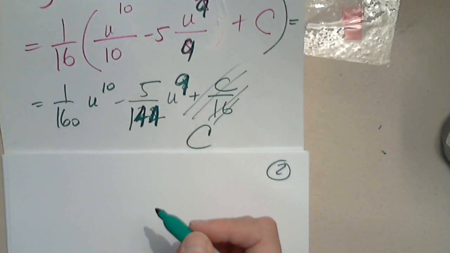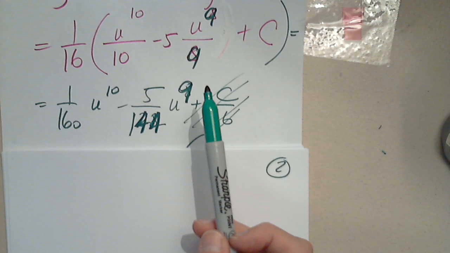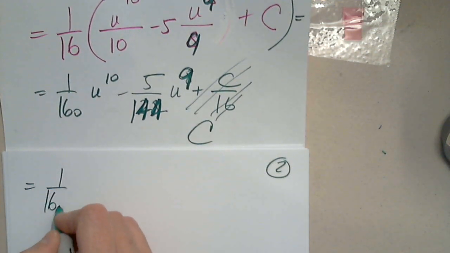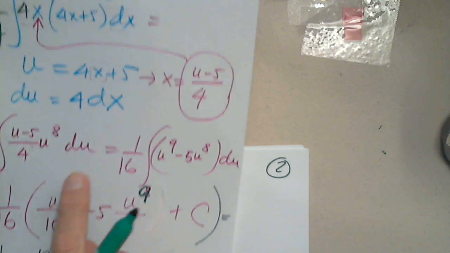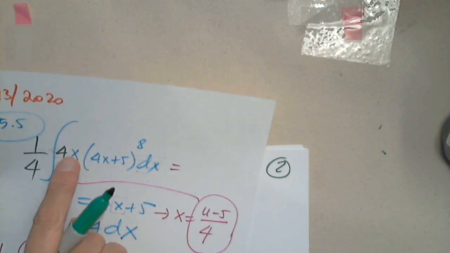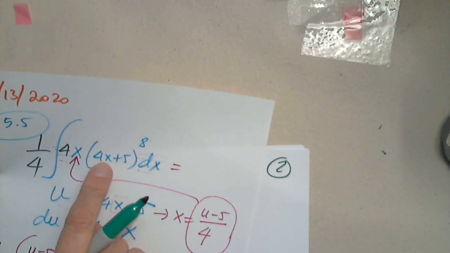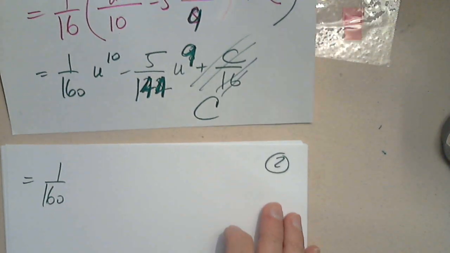Thank you. My apologies. And so then the final simplified form, I have to replace u by this, because the function is in terms of x. I have to present the answer in terms of x.